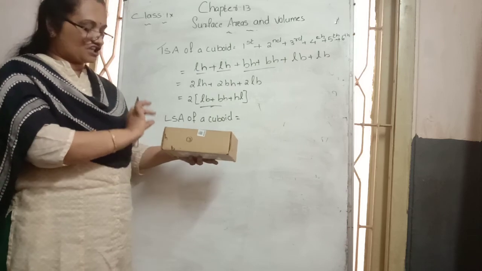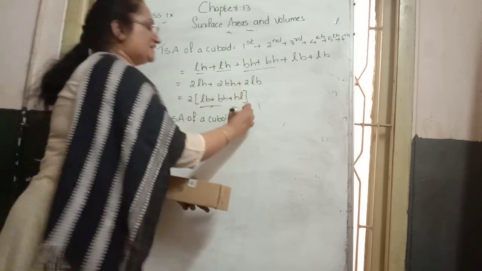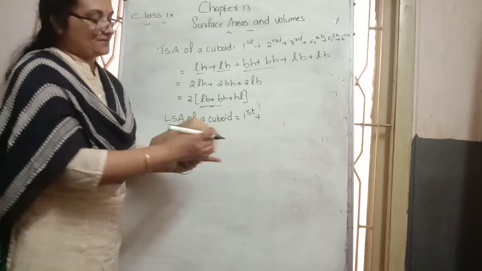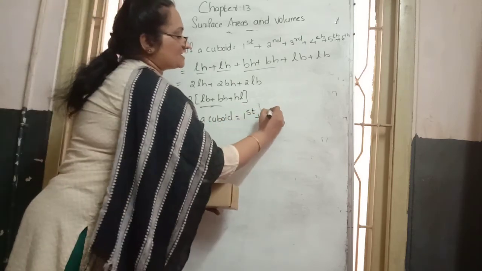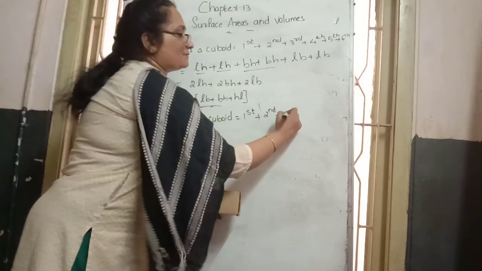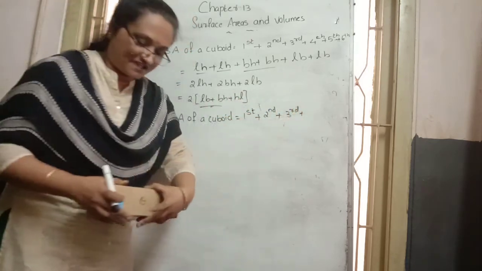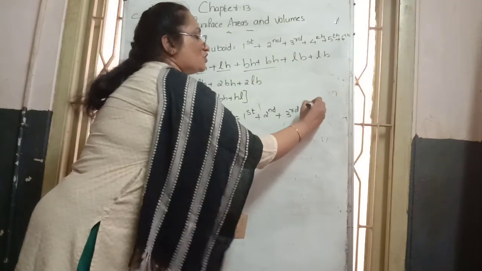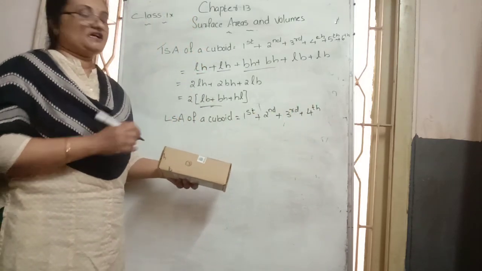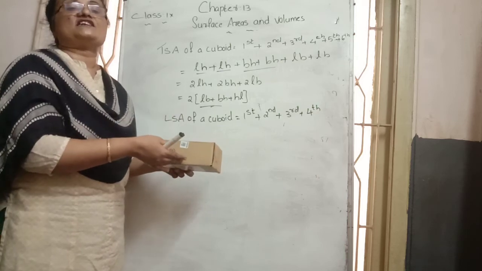That's why we can take it as the first face area plus the second face area plus the third face area plus the fourth face area. So remember, only four faces are considered, and the top and bottom parts are not.